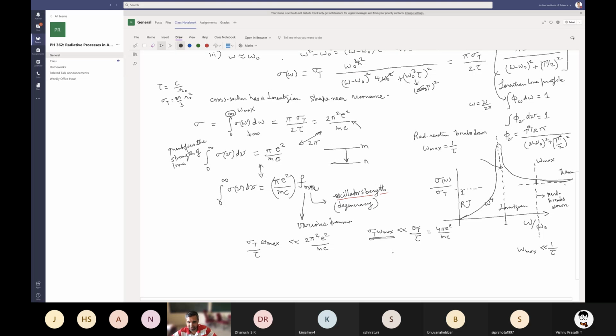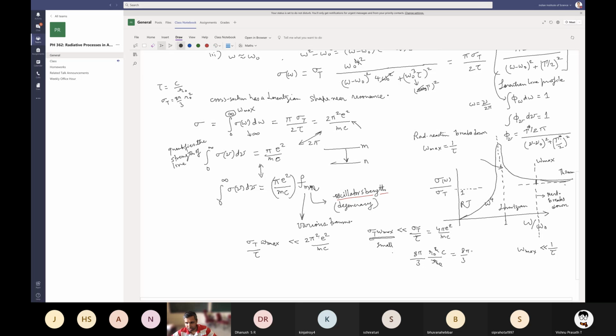So my question is, is sigma t omega max equal to that 4 pi e square by mc, or is it that sigma t by tau equal to that quantity? Sigma t by tau is equal to that, and this is much small compared to this, right? So sigma t was 8 pi by 3 r square, and tau was r naught by c. So this is equal to 8 pi by 3.